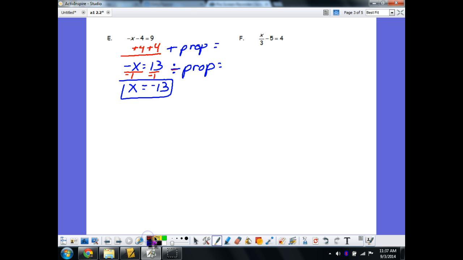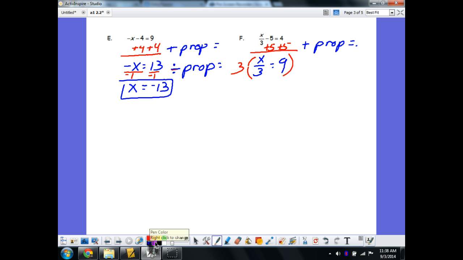And last, example F, where we add the 5 to both sides. And that is the addition property of equality. So x over 3 is equal to 9. And to undo the division, we will multiply both sides by 3.